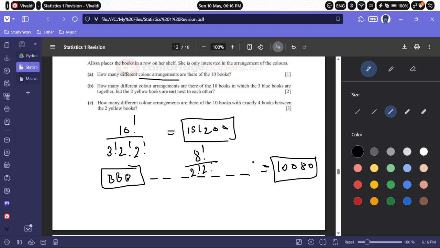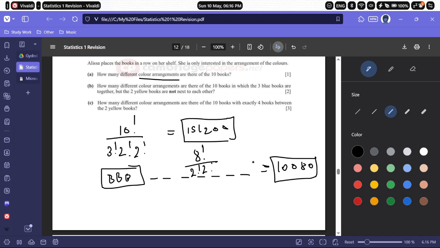Wait, hold on. Can you just try describing your method? Because I don't really use that method, to be honest.